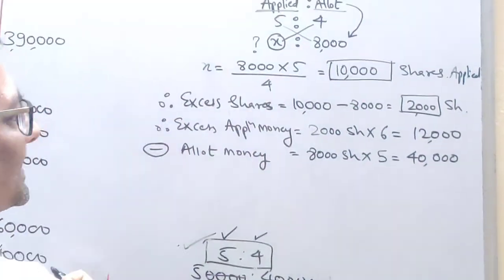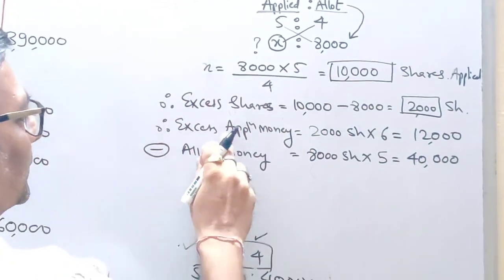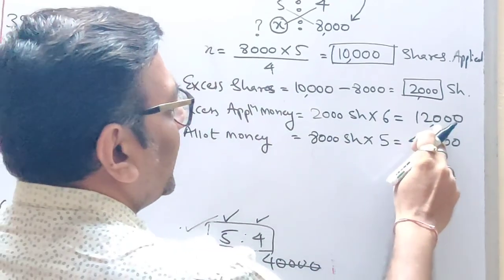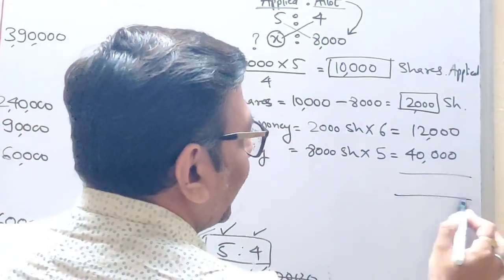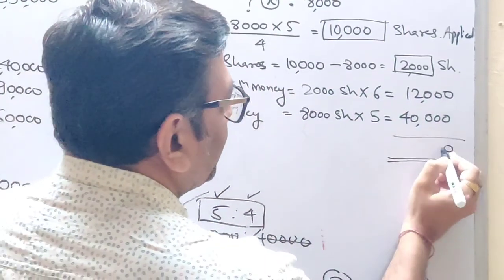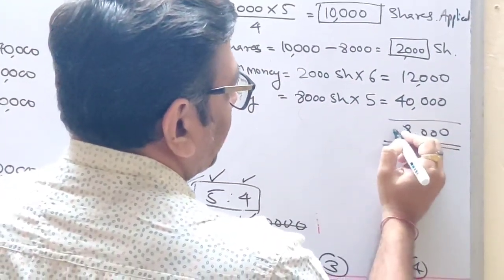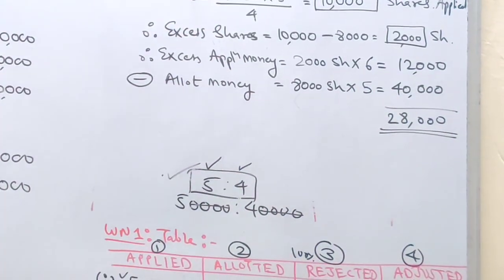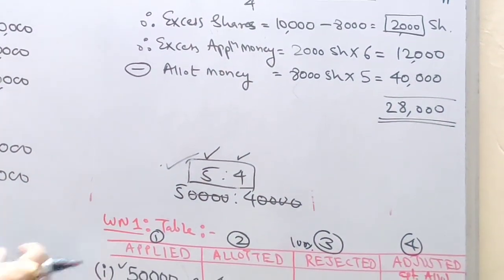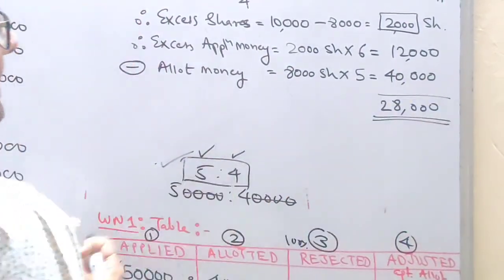But what will Mohan say? I have given excess money to you. So excess application money is 12,000. So you minus this. How much was he supposed to pay after adjusting? 28,000. So this is the money which he was supposed to pay.